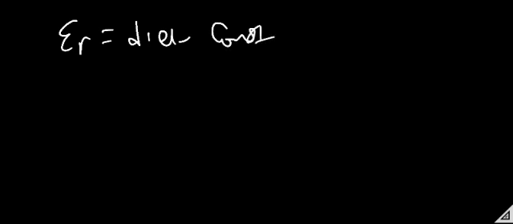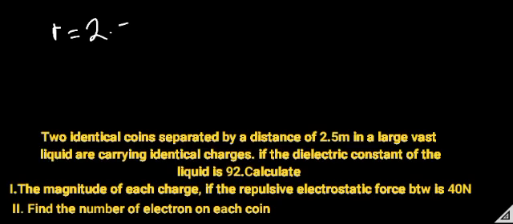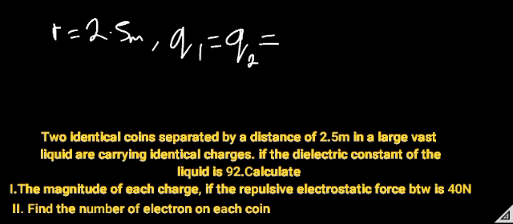All right. Okay. Now the next problem here is two identical coins separated by a distance of 2.5 meter in a large vast liquid are carrying identical charges. Meaning Q1 is equal to Q2, it's equal to Q because they are the same thing, right?